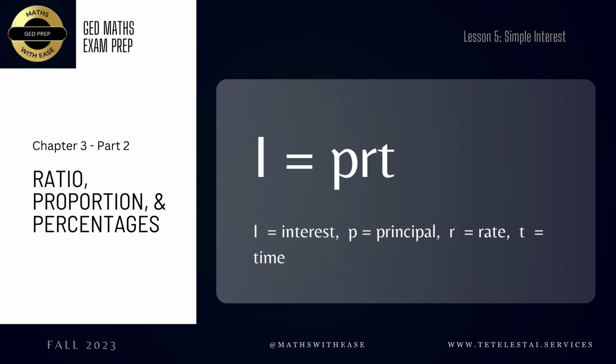And as we saw in chapter 1, there are different ways of representing multiplication. Where we see PRT written together, that's an indication that these variables are being multiplied together.